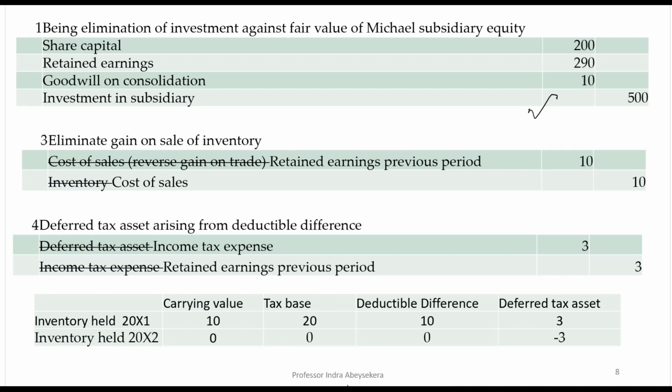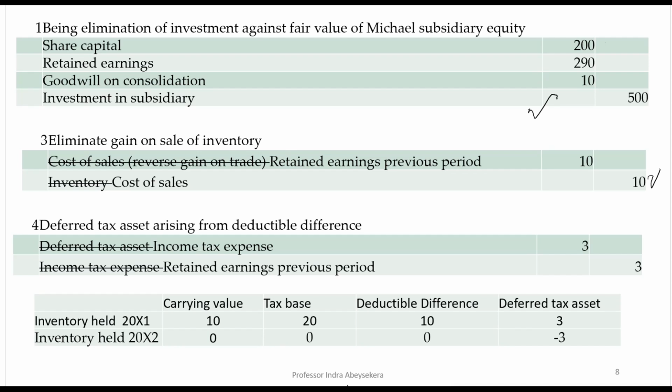So therefore, the unrealized gain included in inventory now is in cost of sales. Therefore, we credit cost of sales at the beginning of the second year.